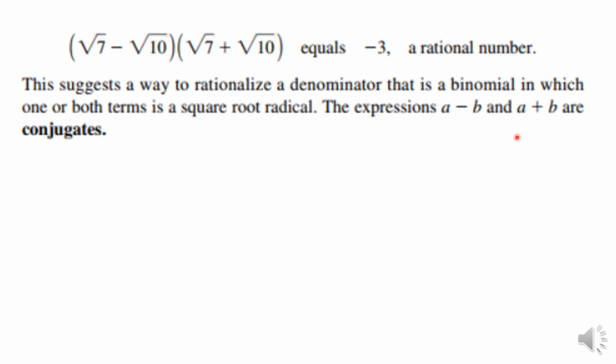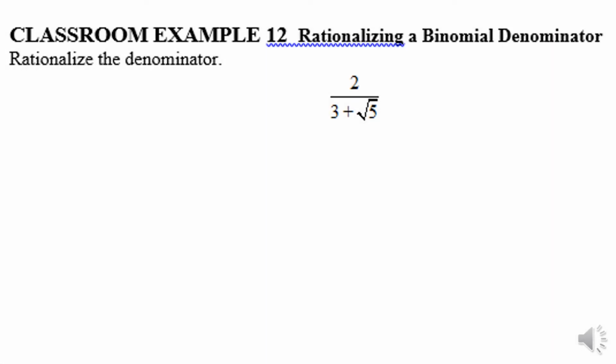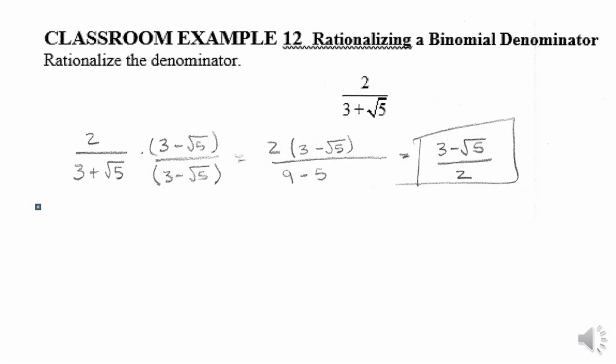The a minus b and a plus b are called conjugates. So here's an example for you to do. We multiply top and bottom by the conjugate of the denominator and simplify, and at the end of the problem we get this.